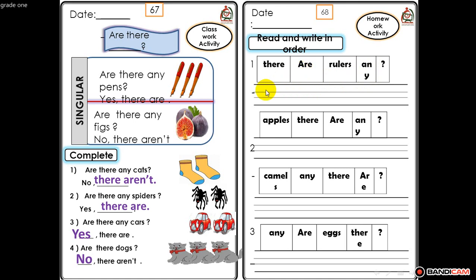So I have to start with are. Are there any rulers? As long as طالما بدأنا are لابد أن نضع في آخر هذا السؤال question mark. So don't forget the question mark. Are there any rulers?